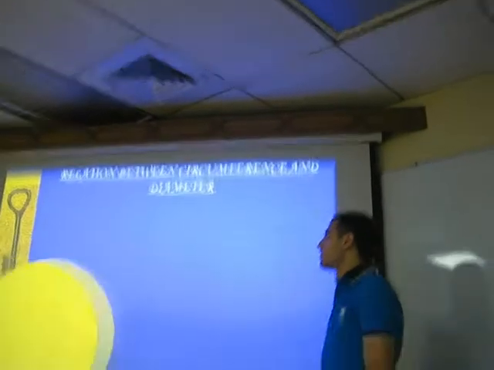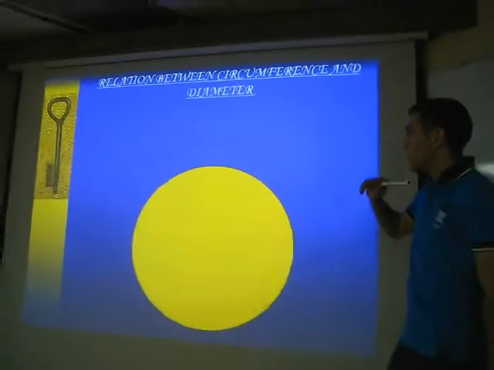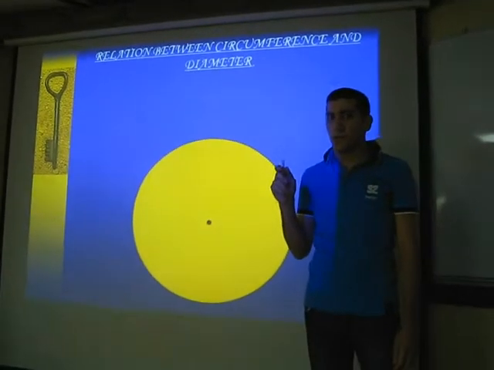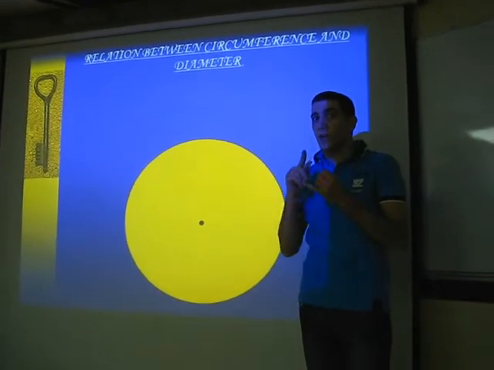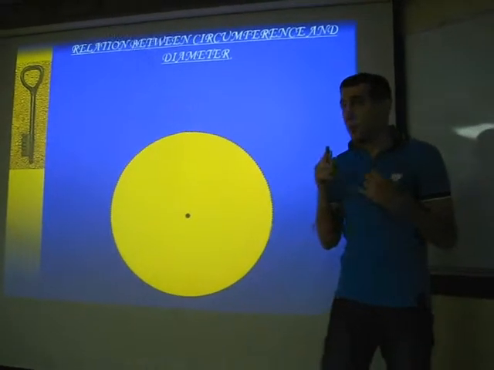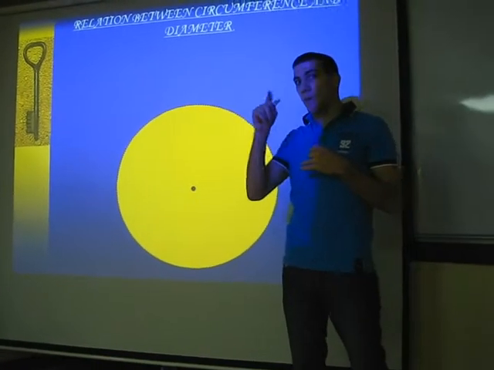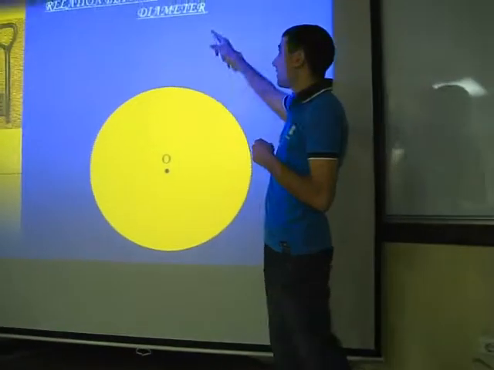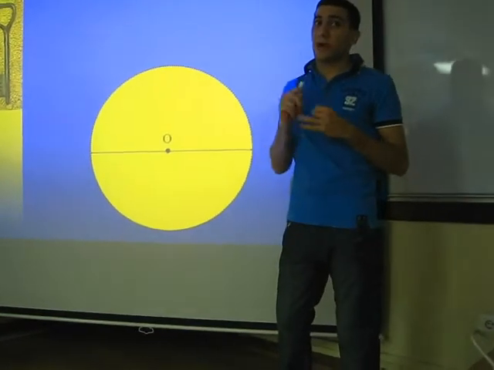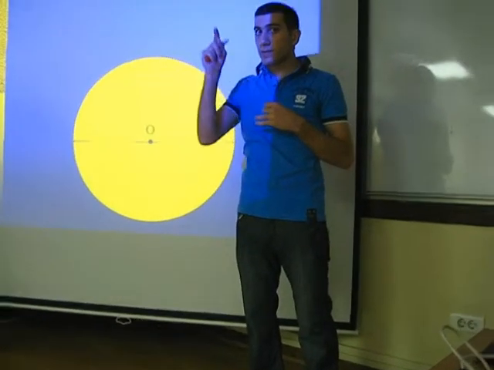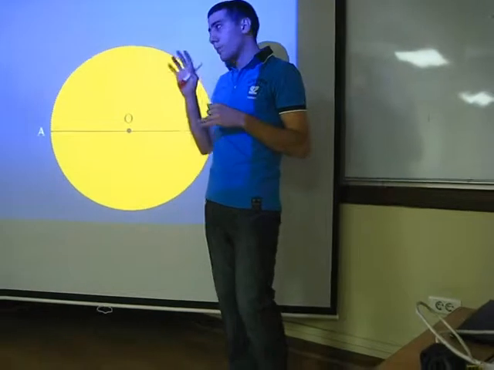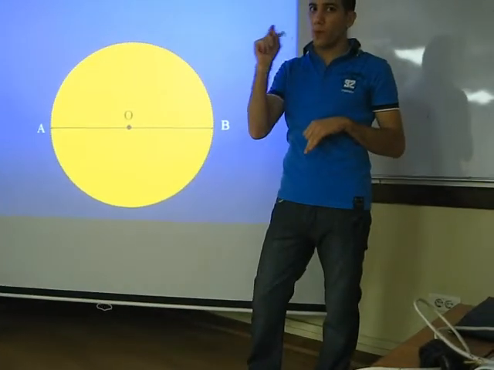Relation between diameter and circumference: to find the circumference, we must have the radius or the diameter. If we have the radius, then the rule is 2 times pi times r. If we have the diameter, then circumference equals 3 times d, approximately, because pi equals 3.142.